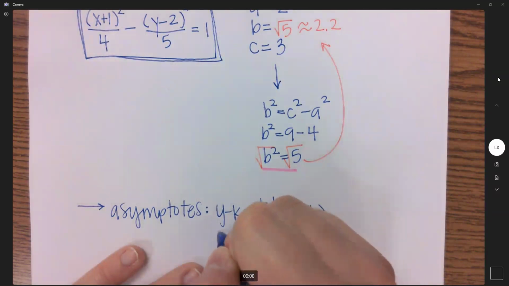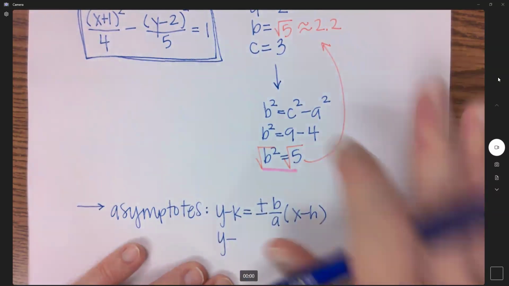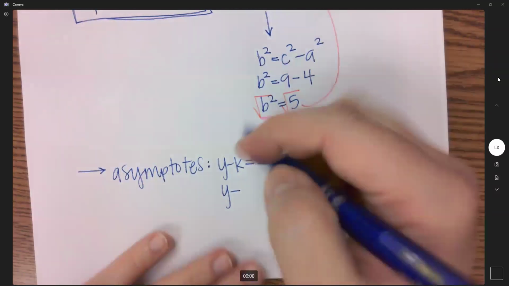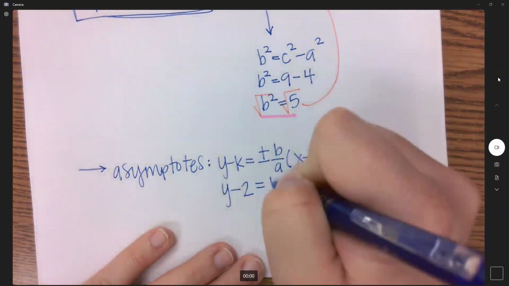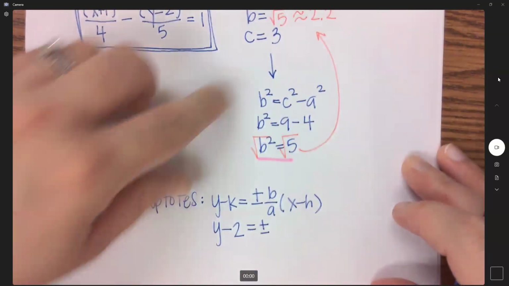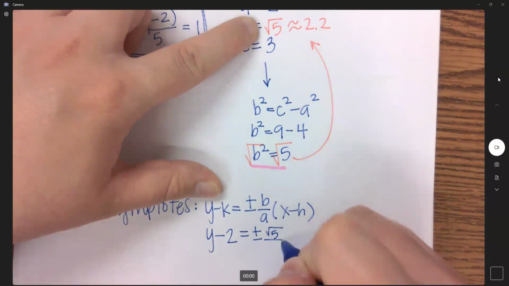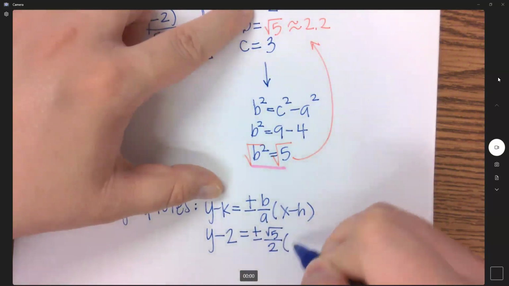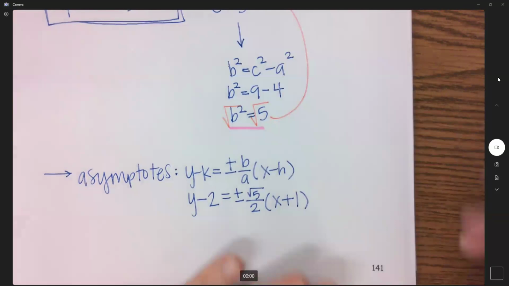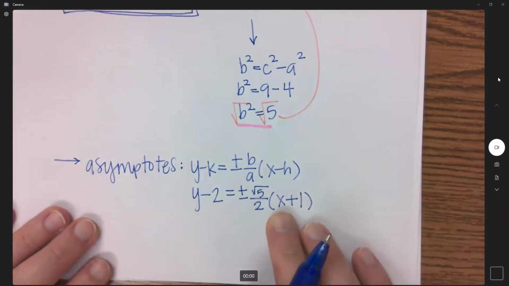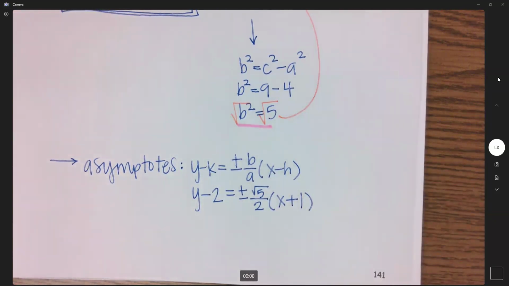So we have y minus k coming up here. K was 2, equals plus or minus b, which is square root 5, over a of 2, and then x minus h. My h is a -1, so minus the negative becomes +1. You don't need to do anything else. It's just, can you substitute your a, b, h, and k into this?